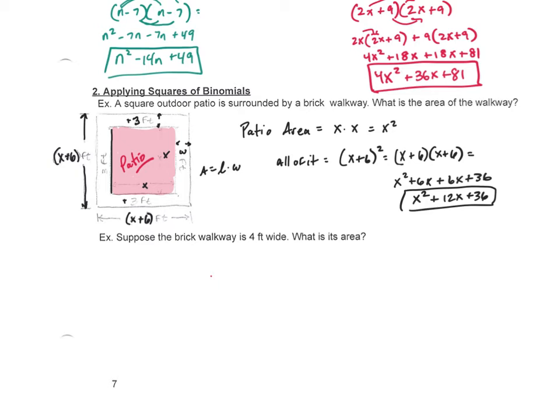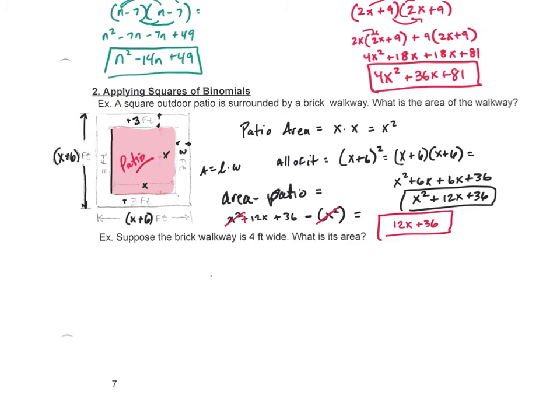So I have the area, x squared plus 12x plus 36, minus the patio, x squared, and that simplifies down to x squared minus x squared, so we're going to have a positive 12x plus 36 as the area of the walkway.